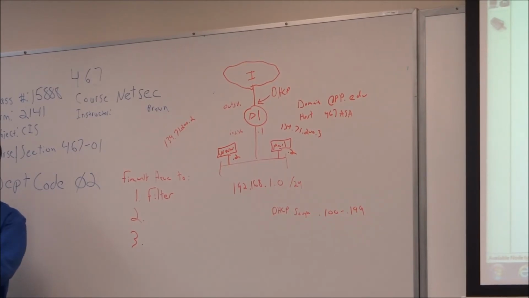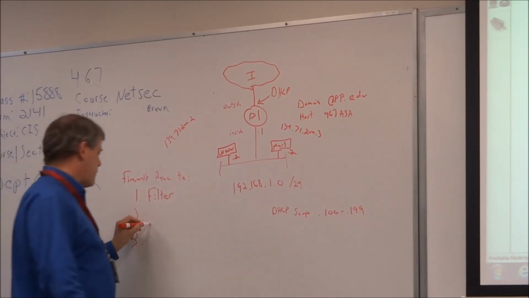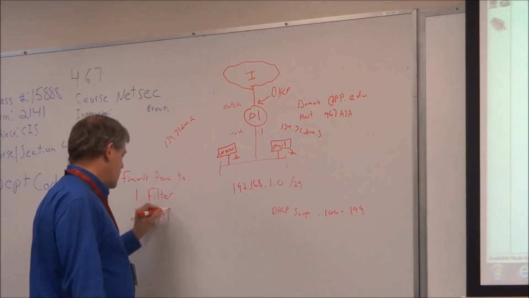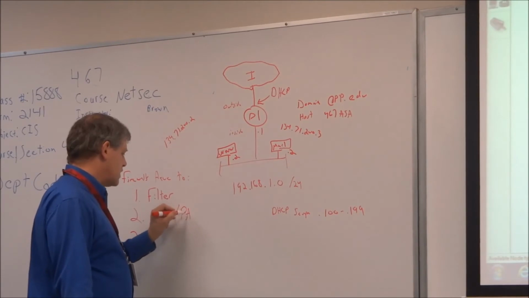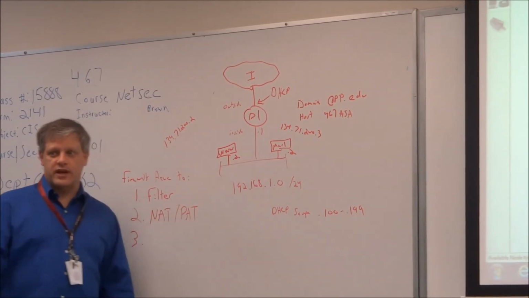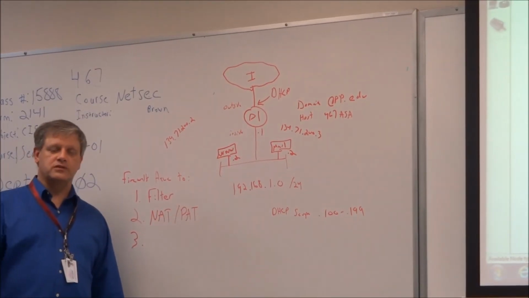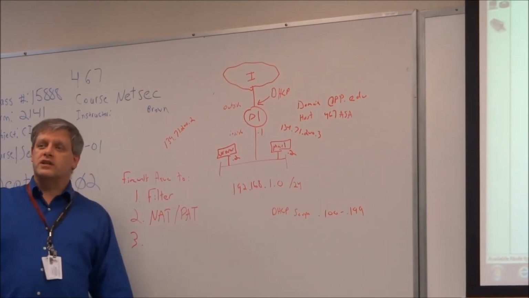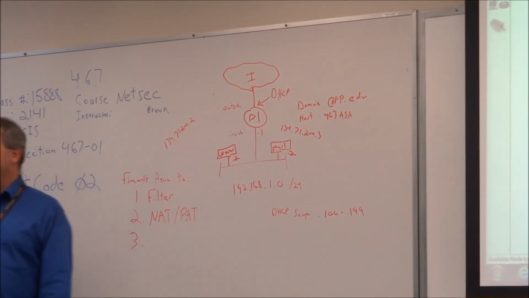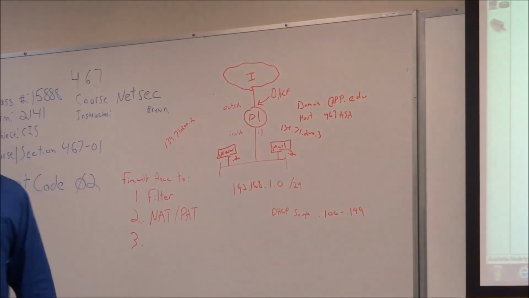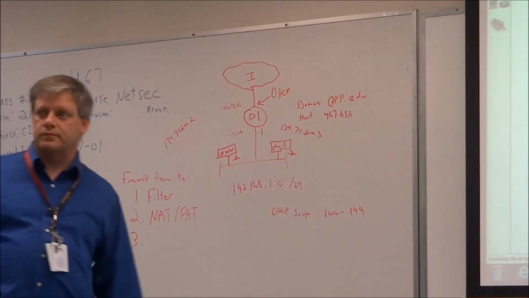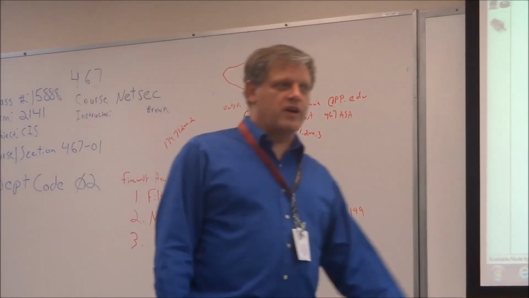How do they do that though? You're on the right track. They have to NAT and PAT. Okay. You don't get to answer this next one because you already answered one. But what's the last thing they have to be able to do? This is one that everybody forgets.